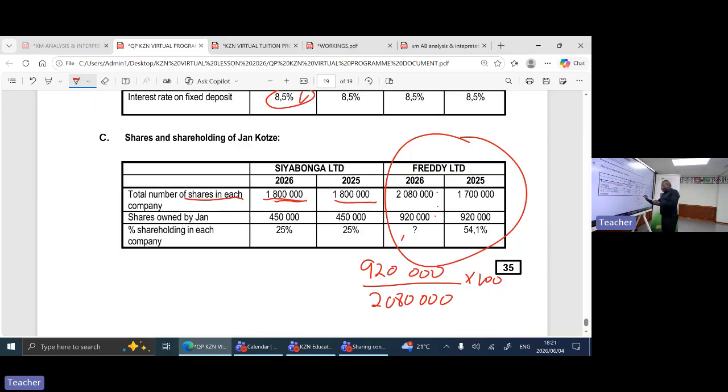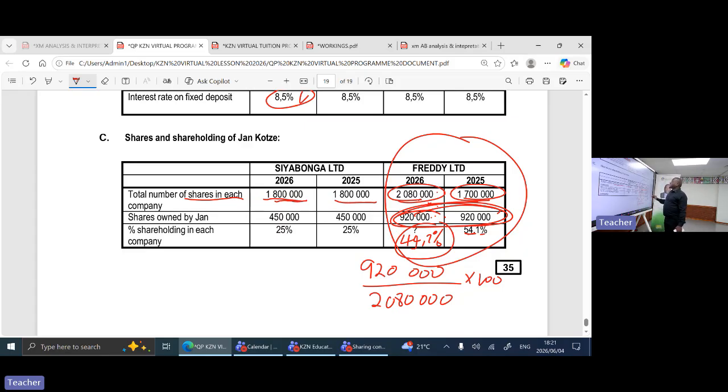I'm getting 44%. So when the company issued more shares, from 1,700,000 to 2,080,000, you would see that Fred was affected by this, because he did not buy more shares. The total increased from 1,700,000 to 2,080,000, but his own remained the same. This is why his shareholding was affected, from 54% to 44%, by 10.9%. So his shareholding decreased, as you can see.